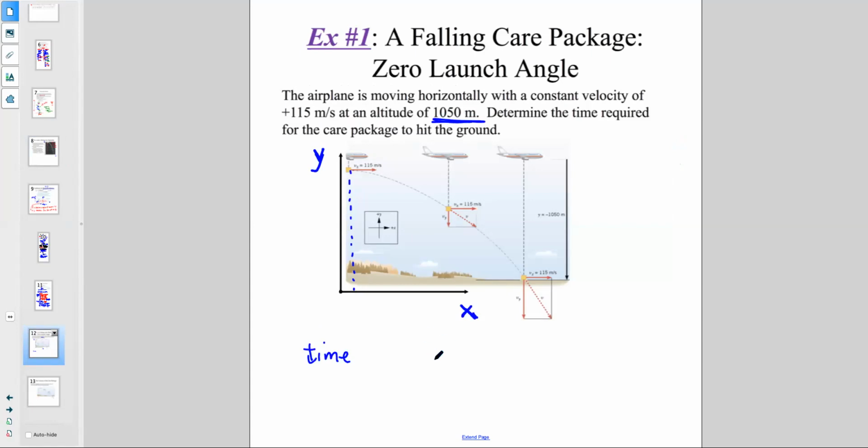So we know that X is, or in this case, it is Y, in fact. So we know Y is half AT squared plus V0t, right? And this is along the Y direction.